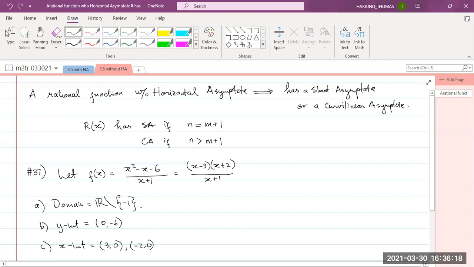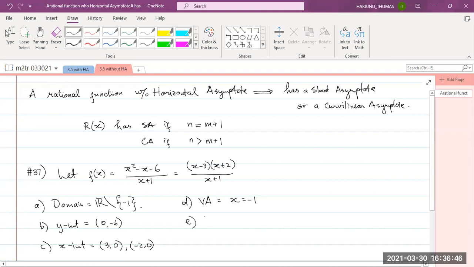Once you factor them, you basically just need to know where to look. The key is actually factoring the numerator and the denominator. Once they are in factored form, then A, B, C, D are actually easy to see. The vertical asymptote will be x equals -1.